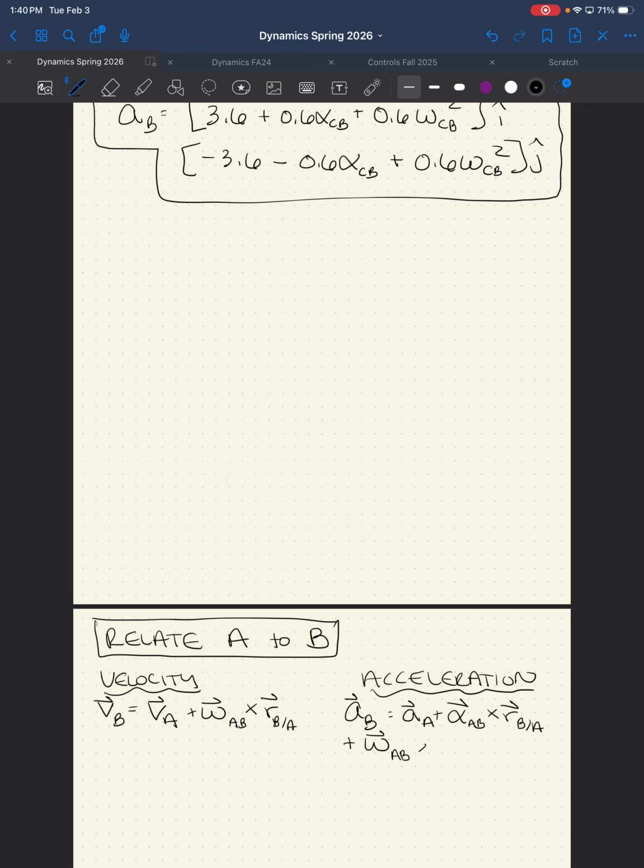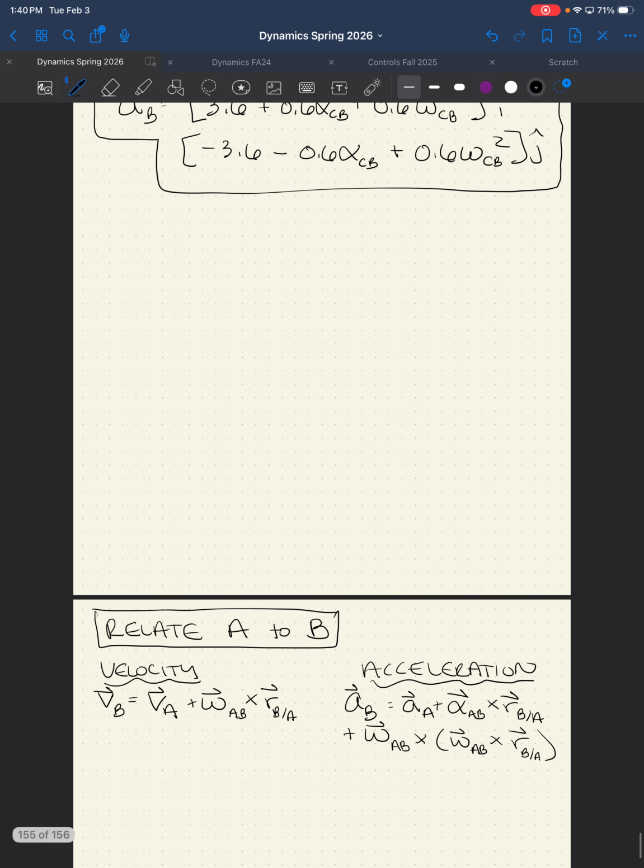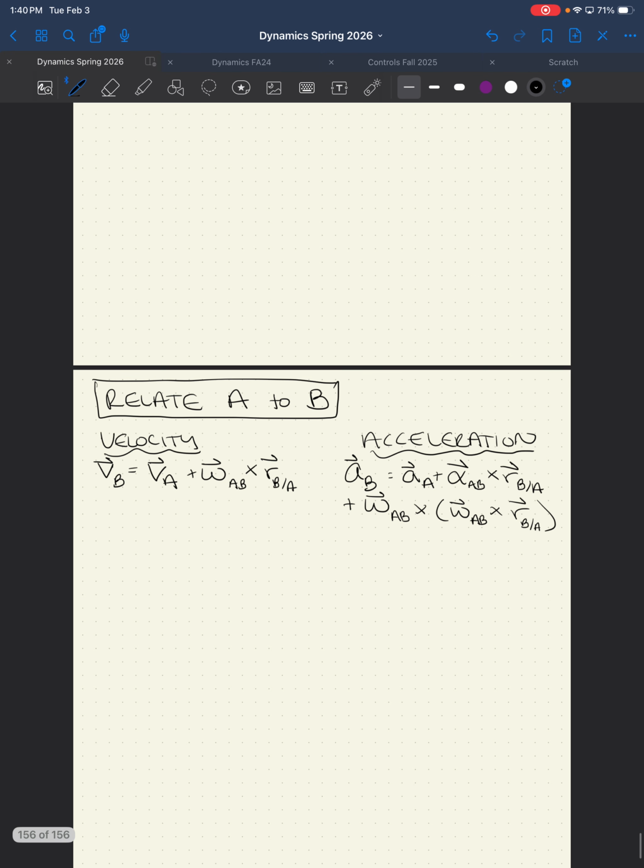If they rotate this way, with my right hand rule, the axis of rotation is perfectly out of the board. If I rotate the other way, the axis of rotation is perfectly into the board. Those are both along the K hat direction. The negative just gets lumped in with that unknown amount, omega.